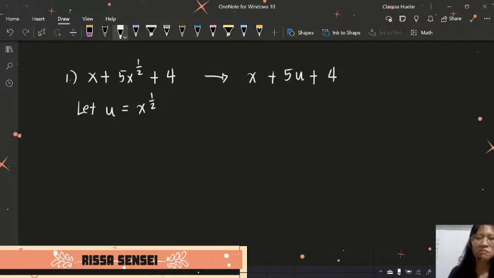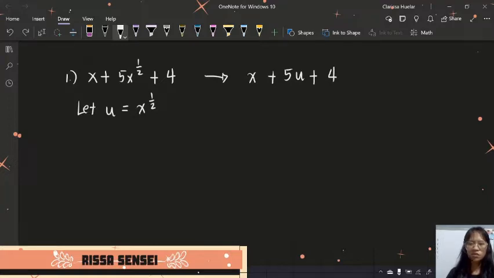Pero ang problema ay hindi tayo makakapag-factor na dalawa, ito, so magkaiba. So, hindi natin makukuha yung factor kapag ganyan. Anong pwede natin gawin? Diba, since u is equal to x raised to 1 half, to get the value of x, i-manipulate natin itong equation na na-create natin kanina.